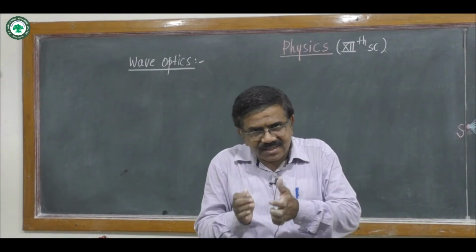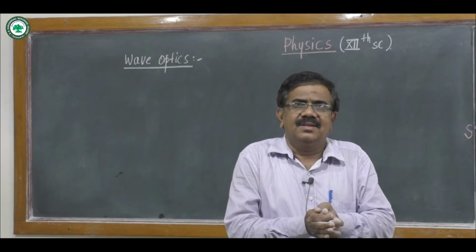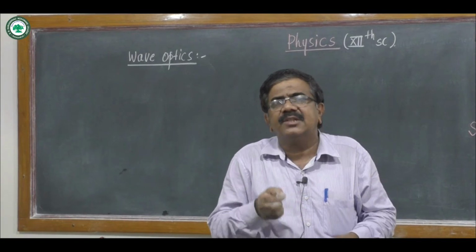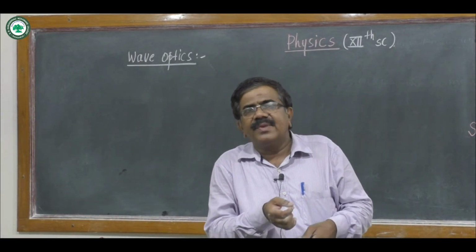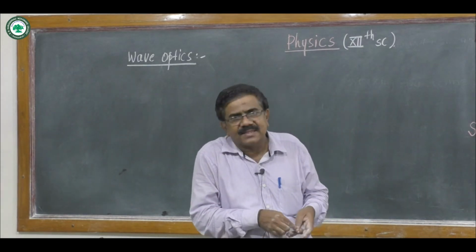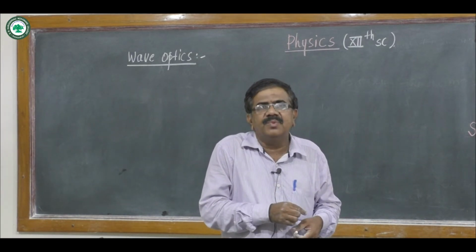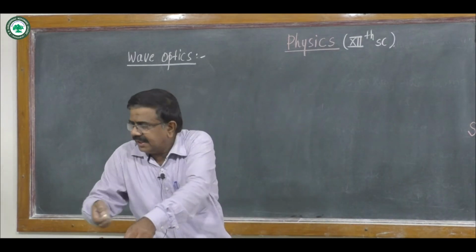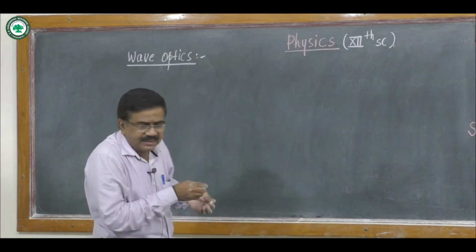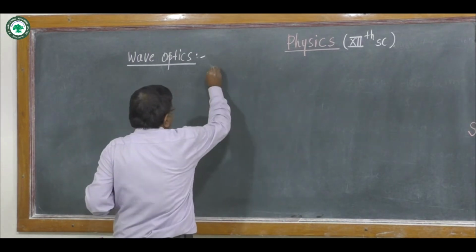If the waves are in same phase, the interference is said to be constructive, and if the waves are out of phase, the interference is said to be destructive. You know all this concept. Now today we see what is path difference and phase difference.